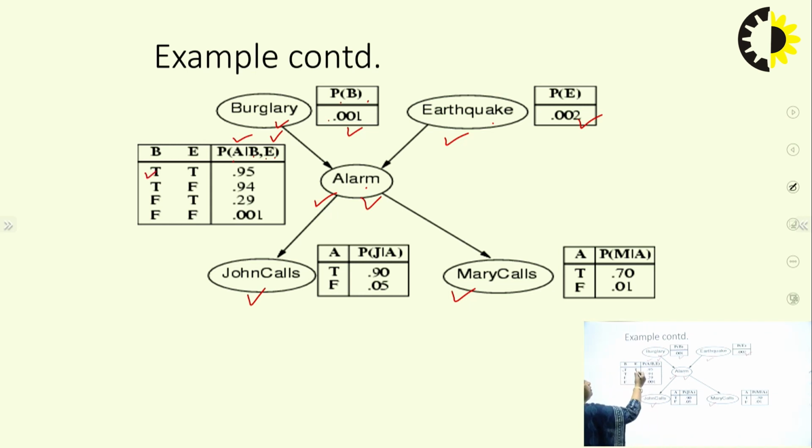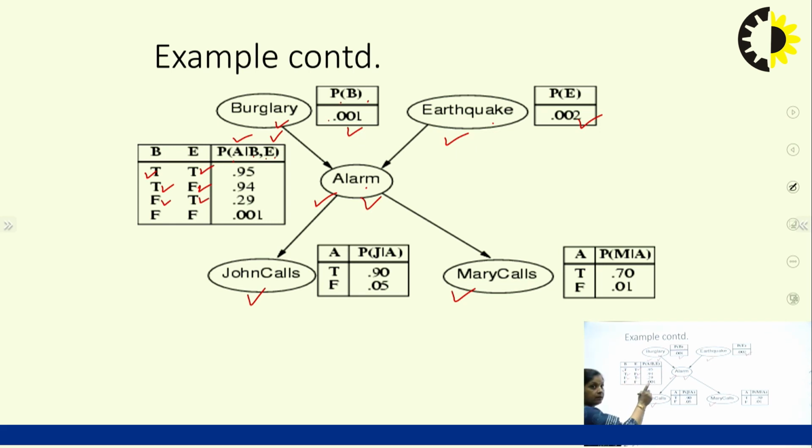Burglary has happened as well as earthquake is there. Burglary is there but earthquake is not there. Burglary is not there but earthquake is there. Both are not there. So how many entries will be there? If we have two parent nodes, we have 2 to the power 2, that is 4 entries.